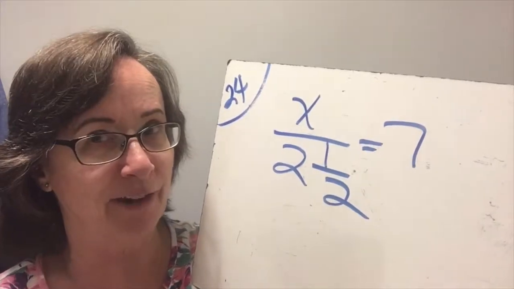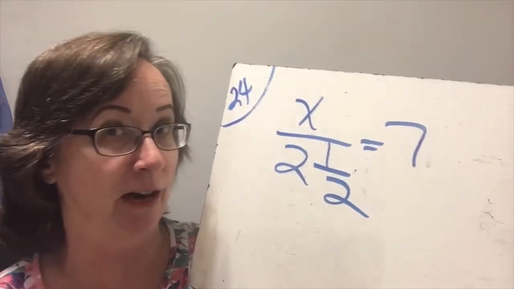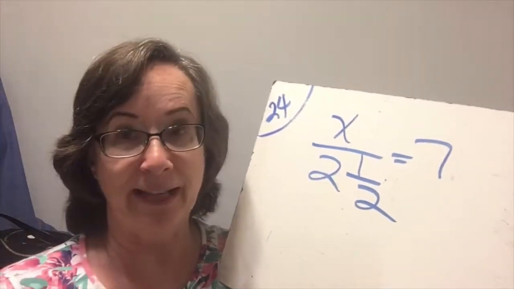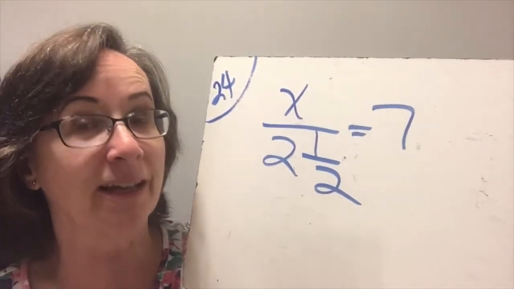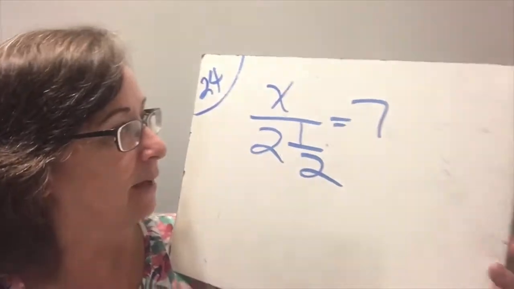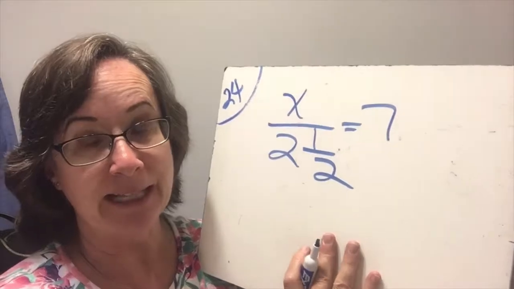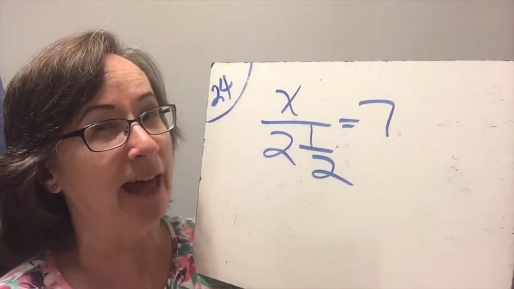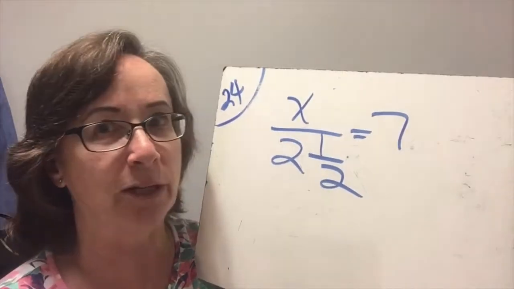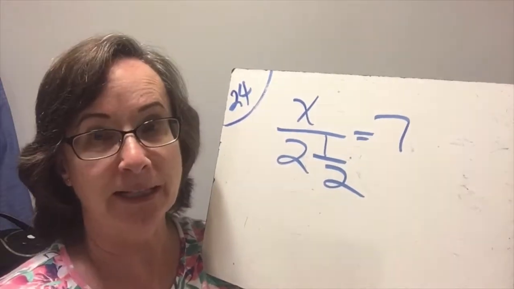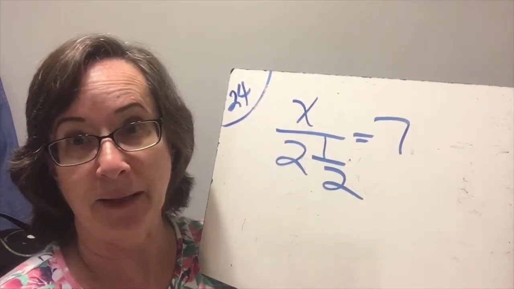If you start with fractions, you end with fractions. If you start with decimals, you end with decimals. If you start with mixed numbers, that's the way they want the answer. Okay, so I'm going to show you both ways because that's generally a math convention that is pretty universal. That if you start with mixed numbers, your answer should be in mixed numbers.